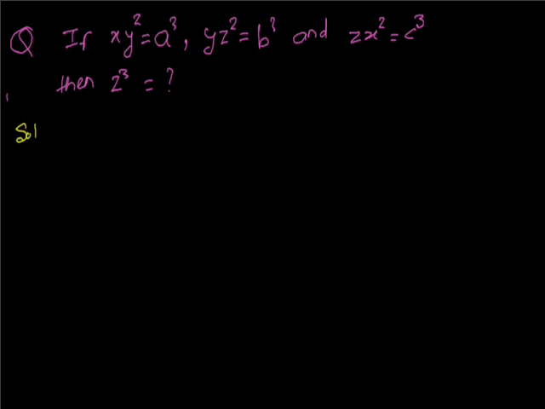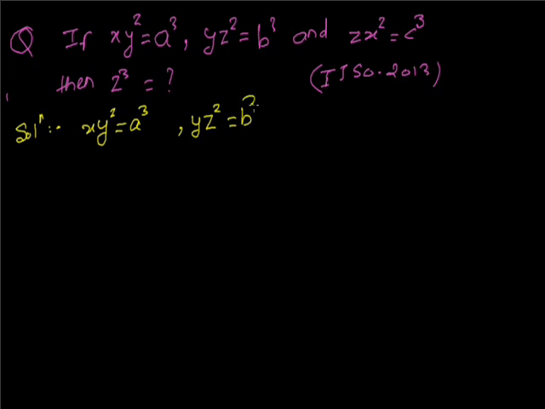This question came in IGCSE 2013. The solution: xy square is equal to a cube, yz square is equal to b cube, zx square is equal to c cube.